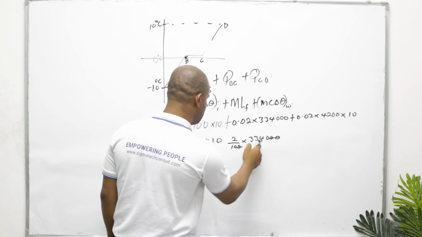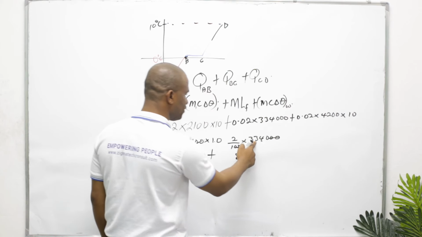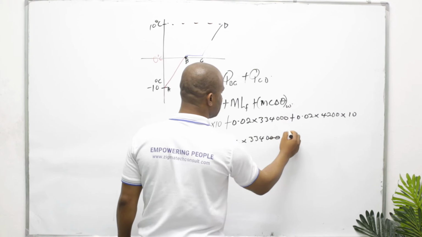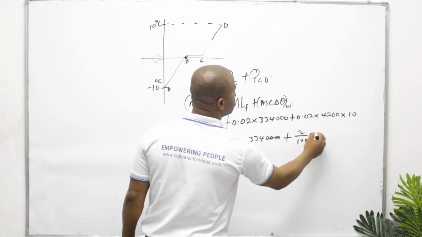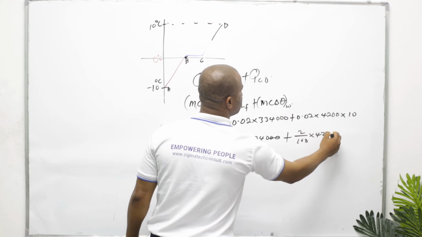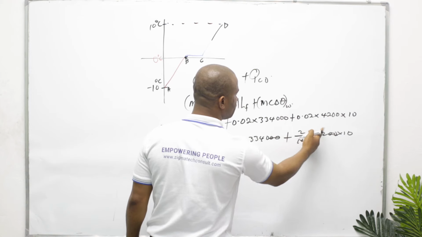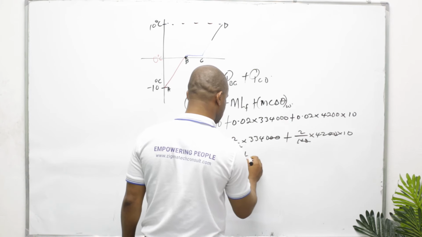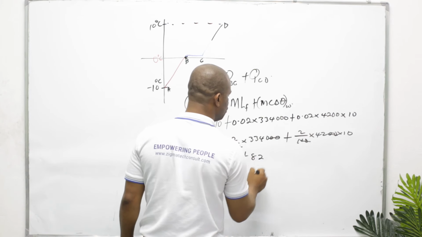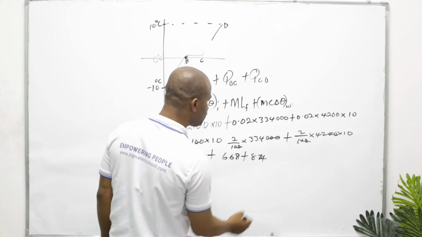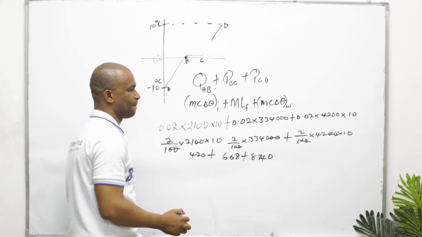So this is 2 times 4 is 8, 2 times 3 is 6, plus. This is still going to be 2 over 100 times 4200 times 10. 2 zeros cancel this 2 zeros. This times is going to be 84. This is 0, of course.